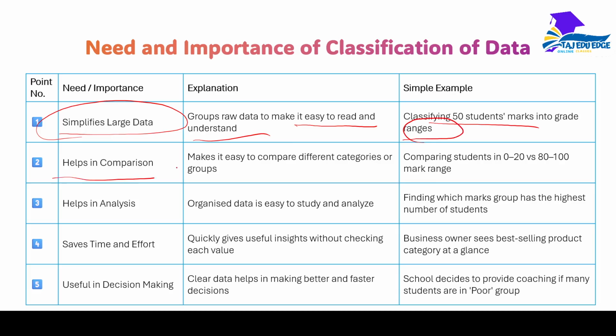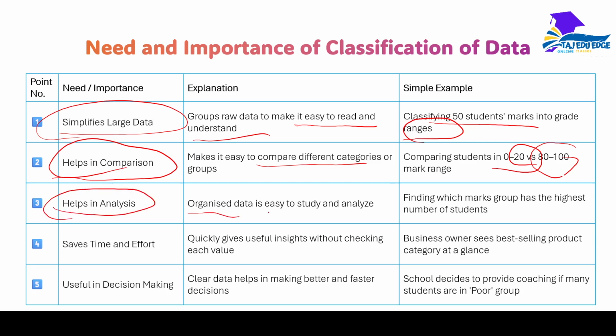Next, it helps in comparison. It makes it easy to compare different categories or groups. We can compare the students who scored 0 to 20 versus those who scored between 80 to 100 mark range. Next, it helps in analysis. When we organize the data, it becomes easy to study and analyze.